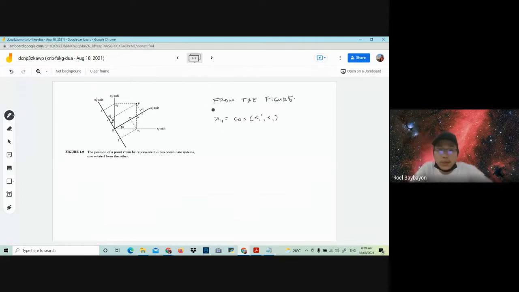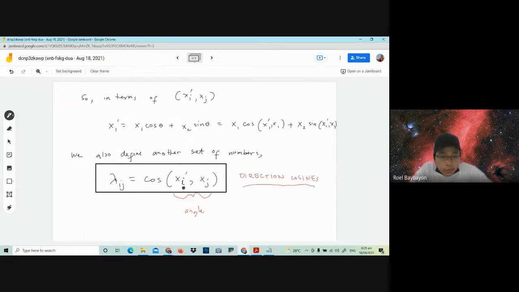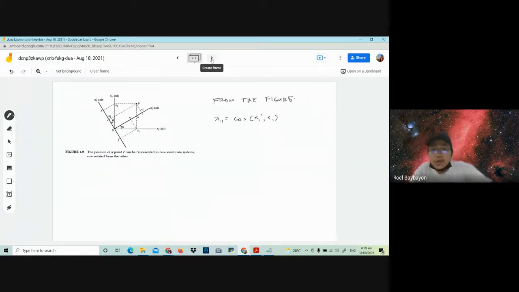Right? This is equal to cosine theta, because the angle between x1 prime and x1 is theta. So lambda 11 is equal to cosine theta.